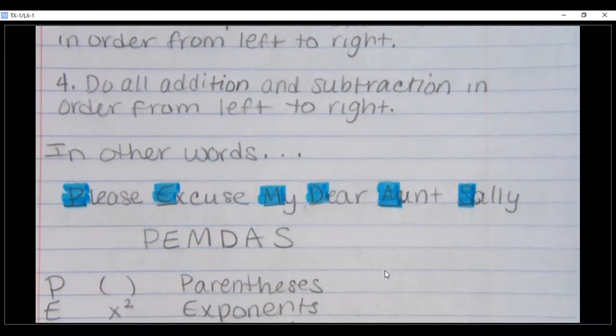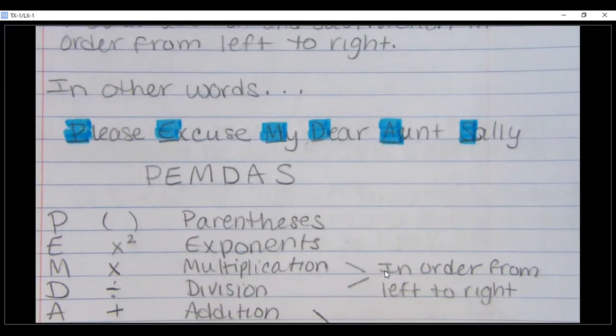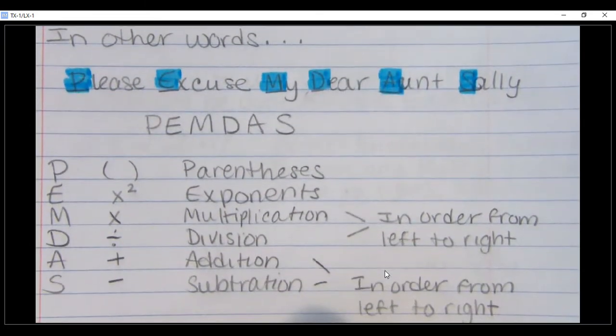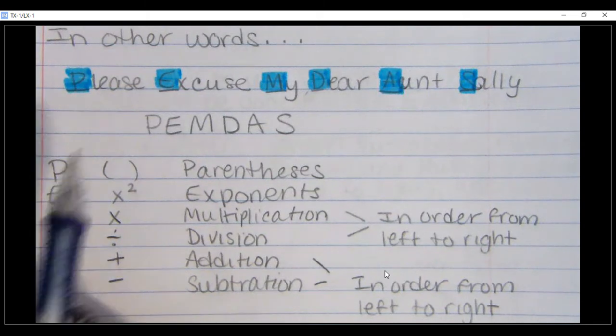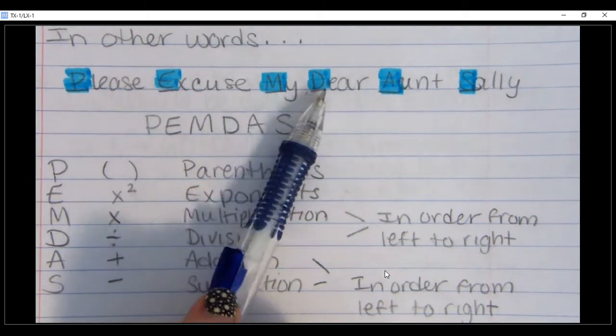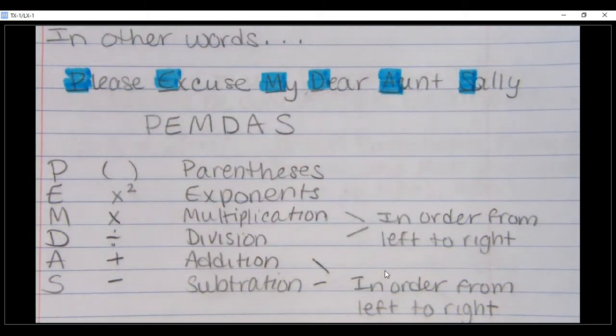There's this cool little acronym that can help you remember what order things have to go in. A very common term is "please excuse my dear Aunt Sally." The reason this can be helpful is that the first letter of each word tells you what to do.